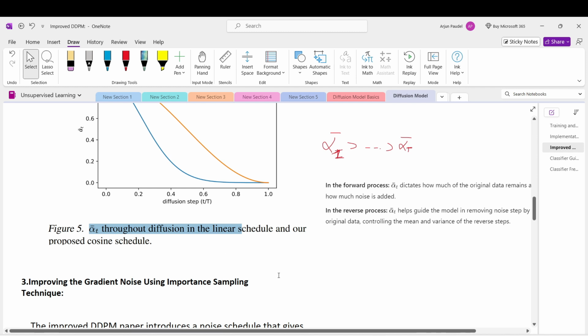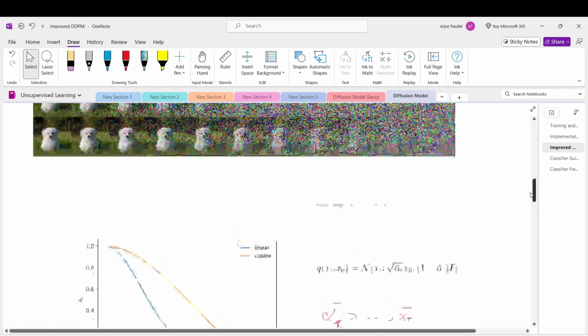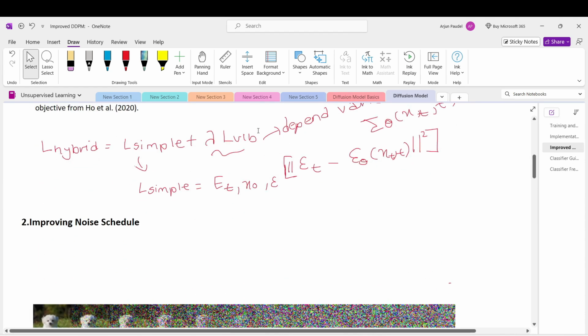And they're gonna be using something called importance sampling. So what they use is the gradient noise. I already told you about the hybrid objective. While training with this LB objective, they encounter much more gradient noise, which is not good for the model.